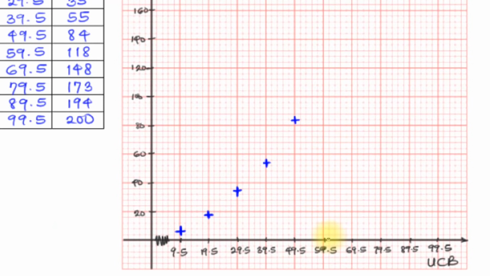Then we have 59.5 and 118. Now it's getting interesting. 118, if you take 4 out of 120, that will be 116 here. So 118 will be just in between those two. Alright, okay. Then 69.5 and 148. This is 140, 144, 148.